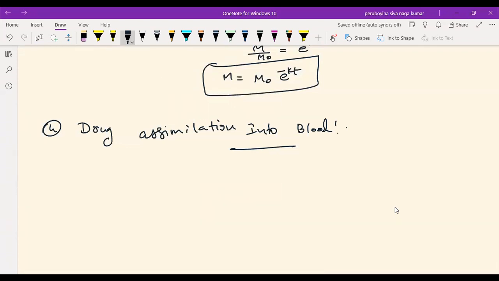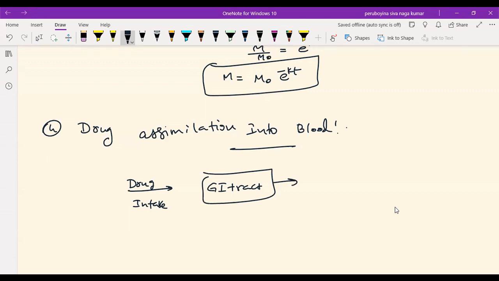So what we do, first the drug will be taken as intake, and it goes to the GI tract, then digestion, and into the blood, and will be formed as tissues. So this is the process.